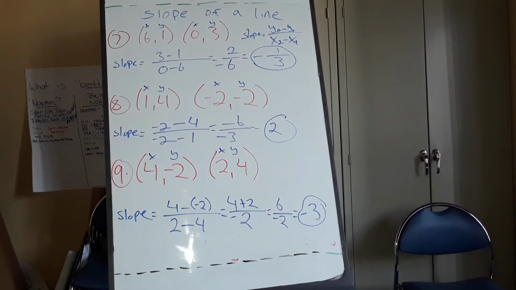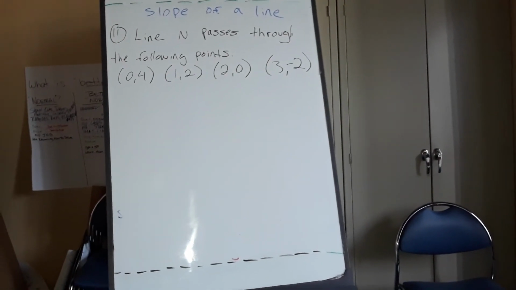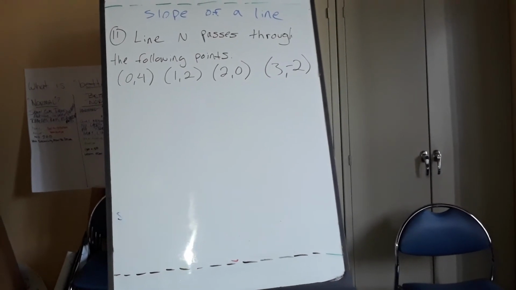Okay, so that was problems 4 through 9. I already gave you problem 10 because I skipped ahead. And now I'm going to give you problems 11 and 12. Here we have problem number 11.